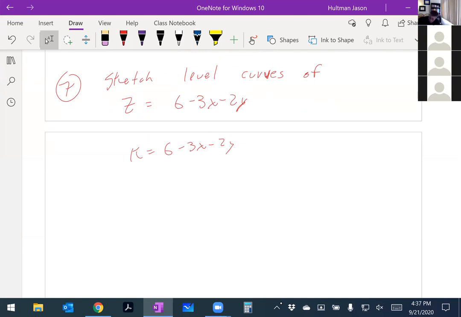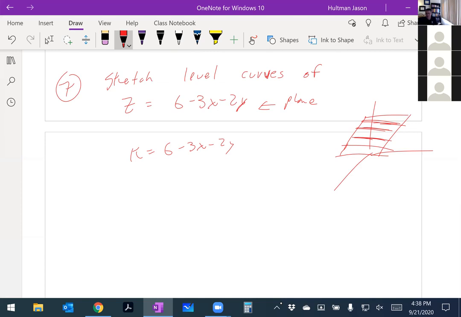So these are level curves when z is equal to k. This is a plane, right? Think of this as a plane in space. If I were to slice these with respect to the z-axis, what would I create?